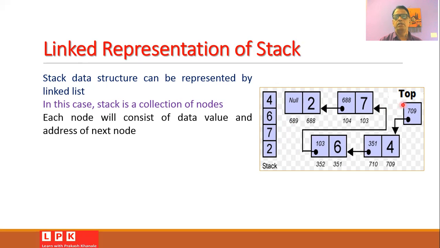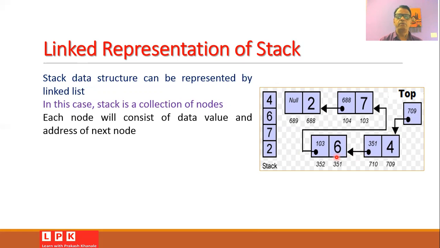Now we know that in the case of a linked list, every linked list has a start or head, and that will point to the first element of the linked list. So this start or head can be assigned to top, so that the top will point to the first element, that is the top of the stack, 4, which is its data value. And then there will be another field which will point to the next element.